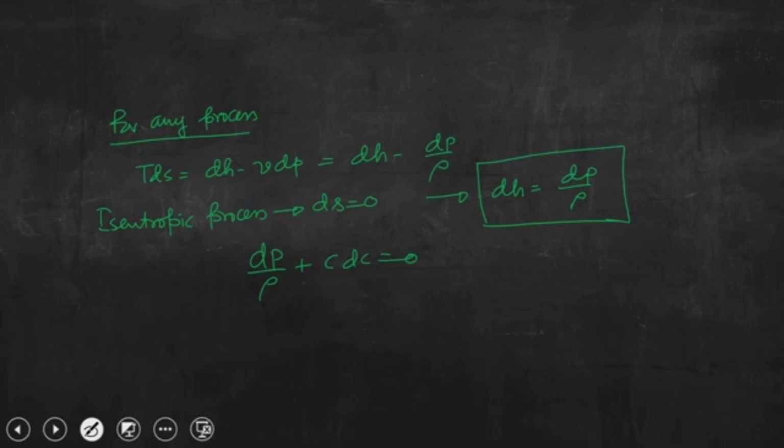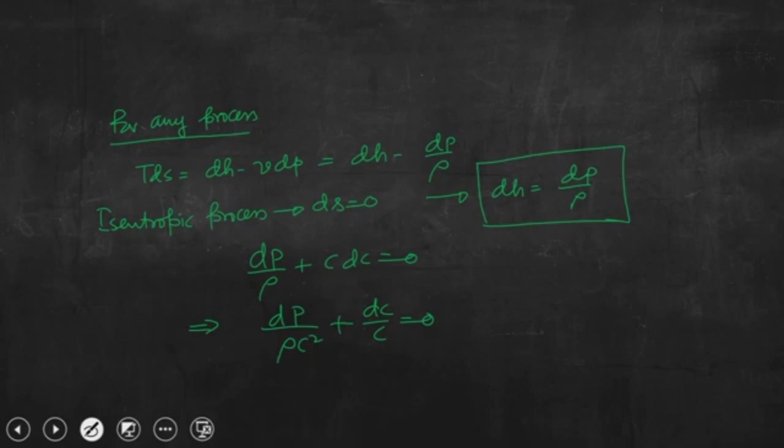Now, just to have some manipulation, we can write dP by rho c square plus dC by c equal to 0. So, we are dividing by c square and then we can write this equation.